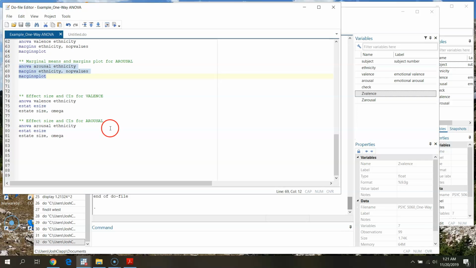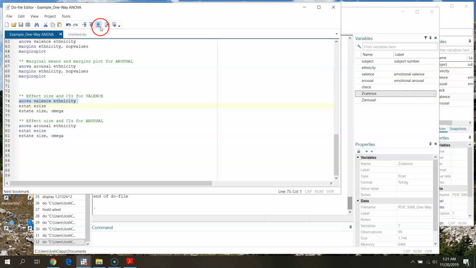Okay. So the last thing we might want to do then, and another benefit of Stata, is we can run our effect sizes and 95% confidence intervals directly from the test. So once again, estat esize is going to give us our confidence intervals, but this is a post-estimation command. So we need to make sure that we rerun our original ANOVA model that we actually want to get our effect sizes from.